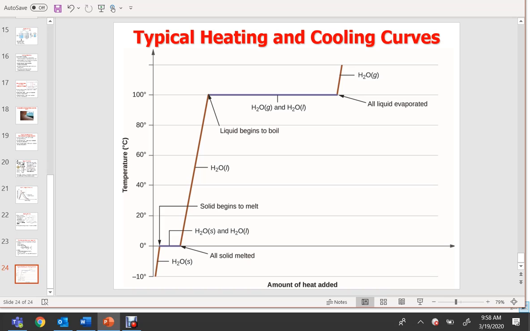Then we get a mixture of liquid water and water vapor. Similarly, the temperature here will maintain 100 Celsius degree because no liquid water can have a temperature higher than 100 Celsius degree. For this mixture of liquid water and water vapor, the temperature can only be 100 Celsius degree.